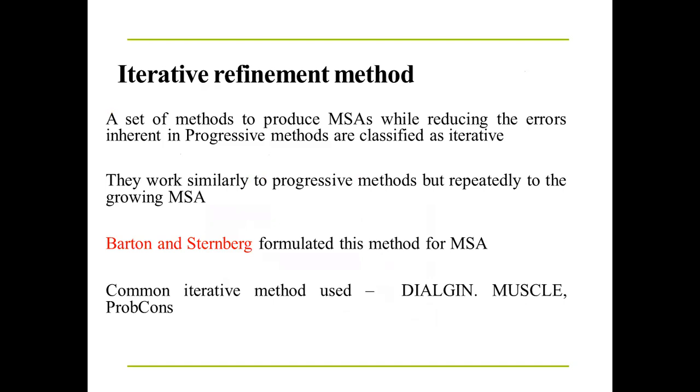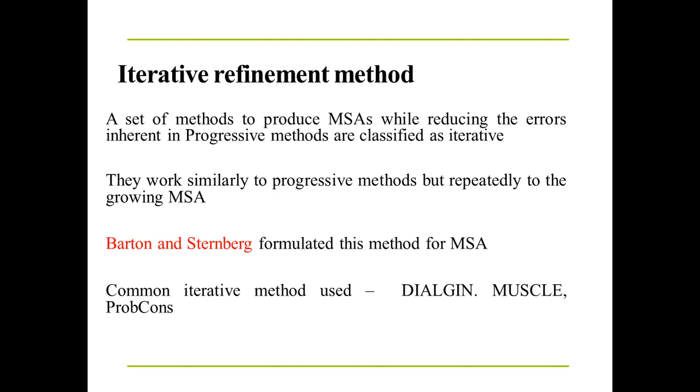It works similarly to the progressive method, but the iteration repeats many times, so because of the repeated iterations, there are fewer chances of error. Barton and Sternberg formulated this method. Common iterative methods are used in DIALIGN, muscle, and ProbCons software.